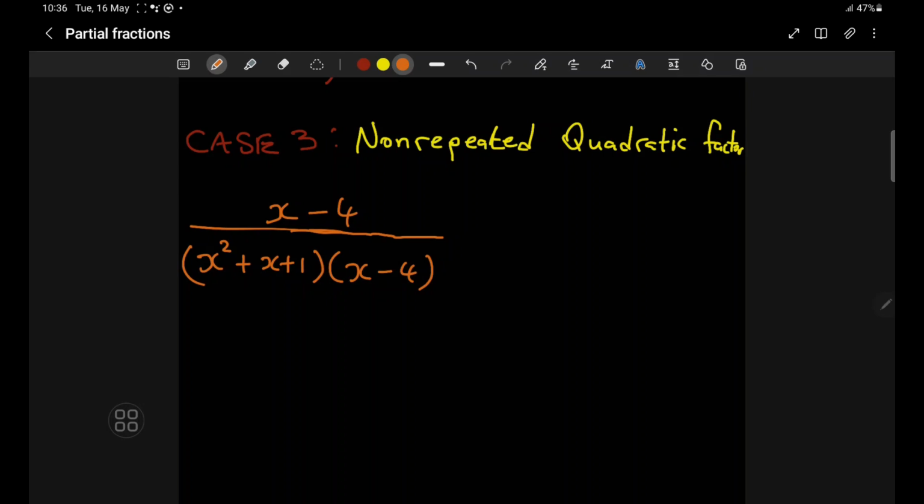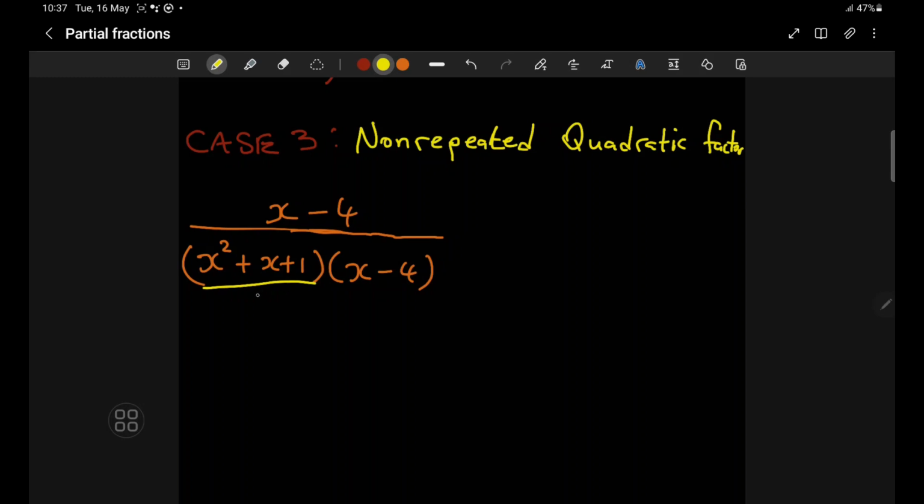The next case we're looking at is a non-repeated quadratic factor. For this expression I've written, if you look at the quadratic expression we have, is this one. If you were to try to reduce this expression by the product-sum method or whichever method you would think of, factorization, you find that it would be difficult to reduce this expression.